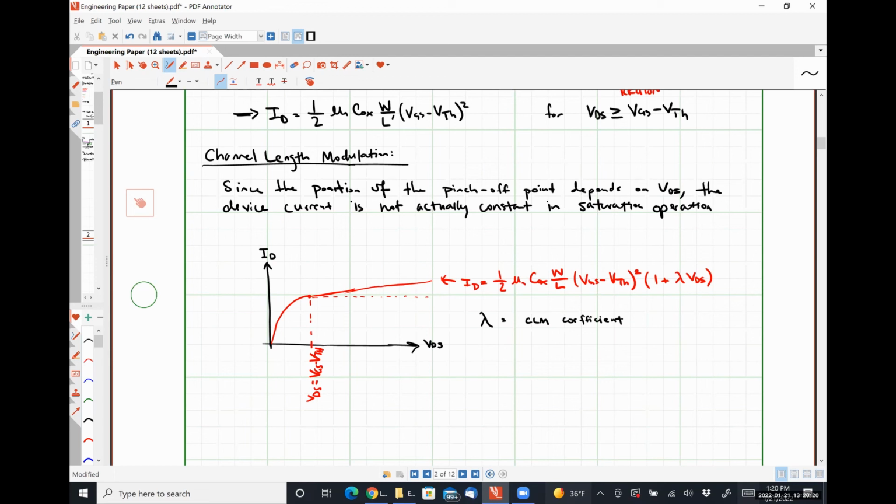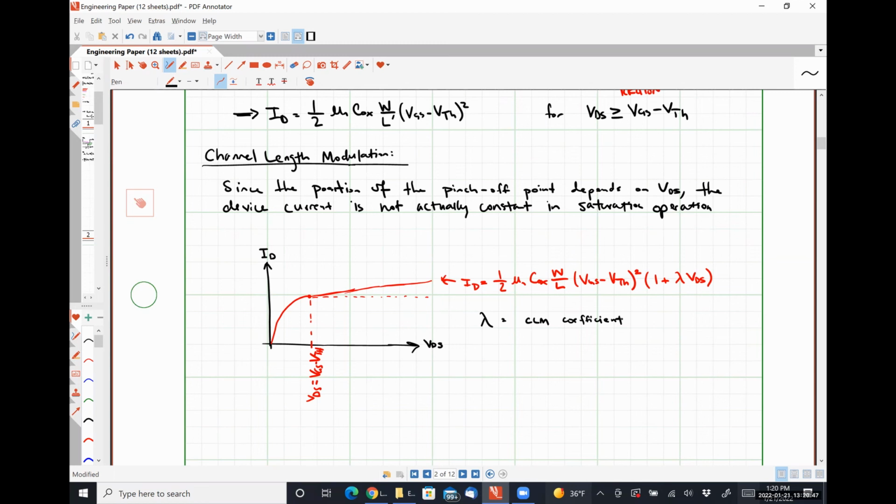Whereas if we have a very short channel device, like most modern MOSFET transistors that are used in electronics like modern computers and all that kind of stuff, lambda is going to be very large because if we have a channel length that's only a couple of nanometers, causing that pinch-off point to vary by a nanometer isn't really that hard.